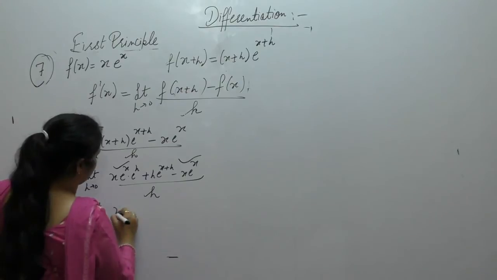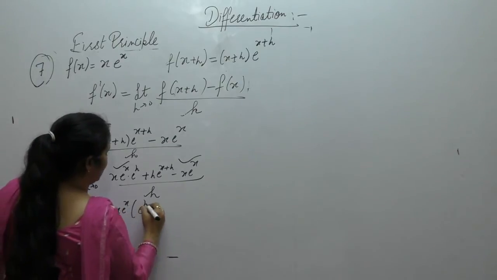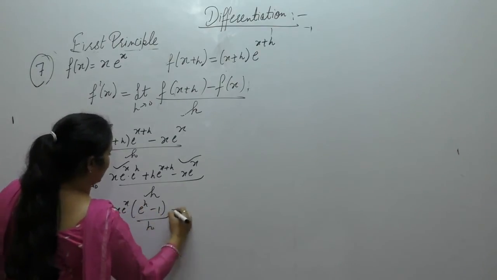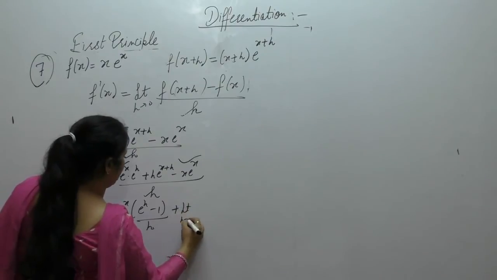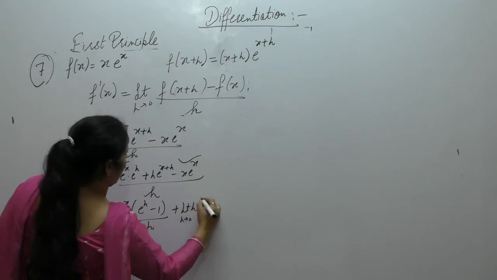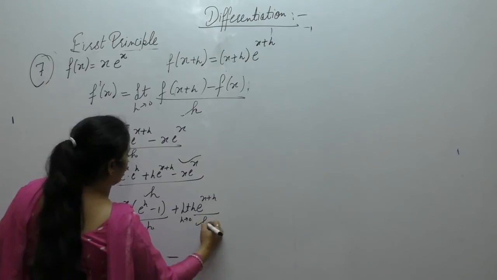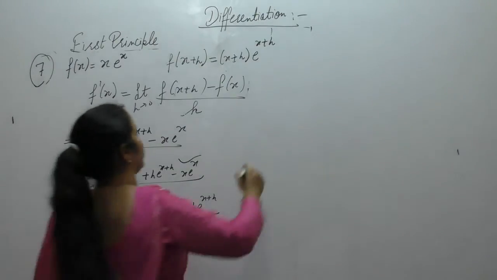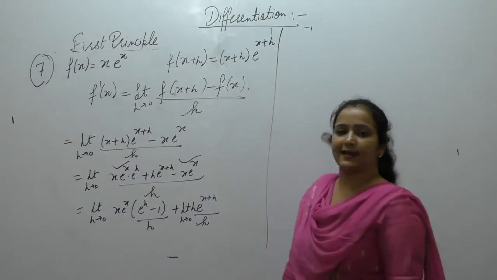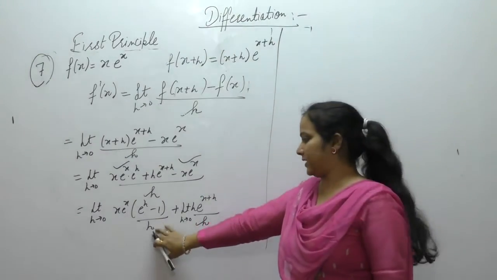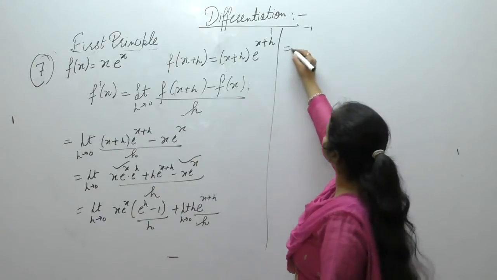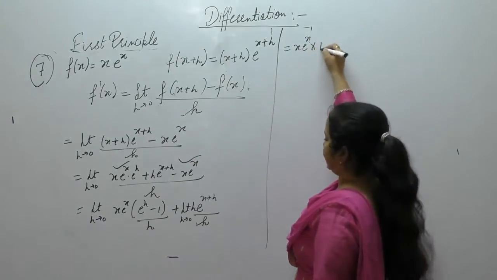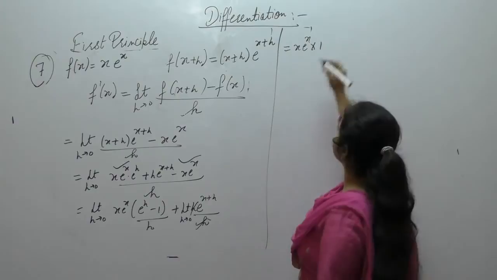Limit h tends to 0, x e^x (e^h minus 1) upon h plus limit h tends to 0, h e^(x+h) upon h. We have separated the terms as well. Now limit x tends to 0, e^x minus 1 upon x is 1, so this is equals to 1. x e^x into 1, h will get cancelled here.